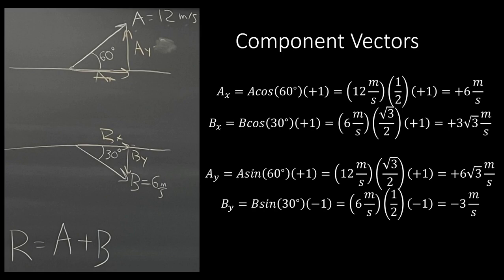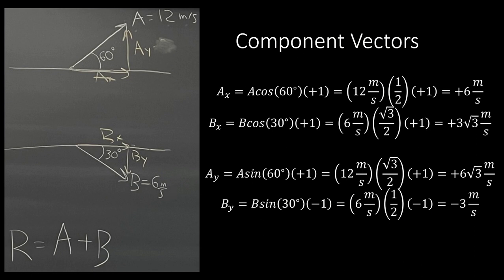Let's say we want to add up vector A and vector B. Vector A is a 12 meter per second velocity that is pointed to the right and up 60 degrees above our x-axis, and vector B is pointed to the right and down at 30 degrees with a value of 6 meters per second.